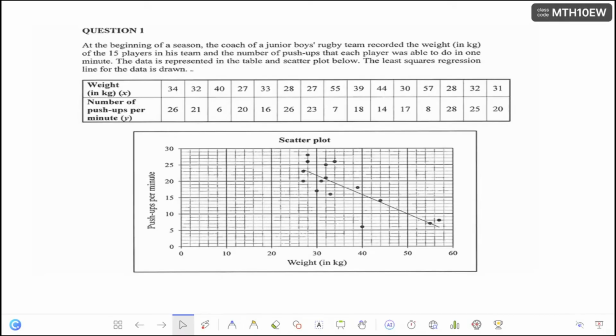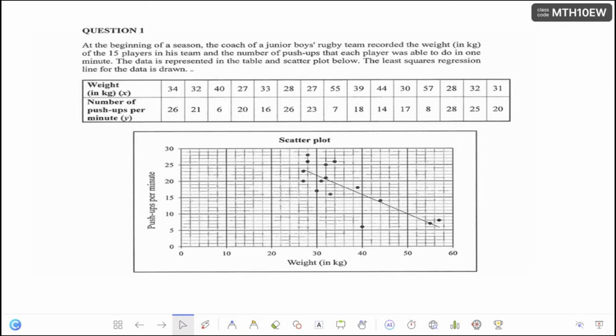Punch the values for X, which are 34, 32, 40, 27, 33, 28, 27, 55, 39, 44, 30, 57, 28, 32, 31. You need to be fast because we don't want to waste much time on this question.